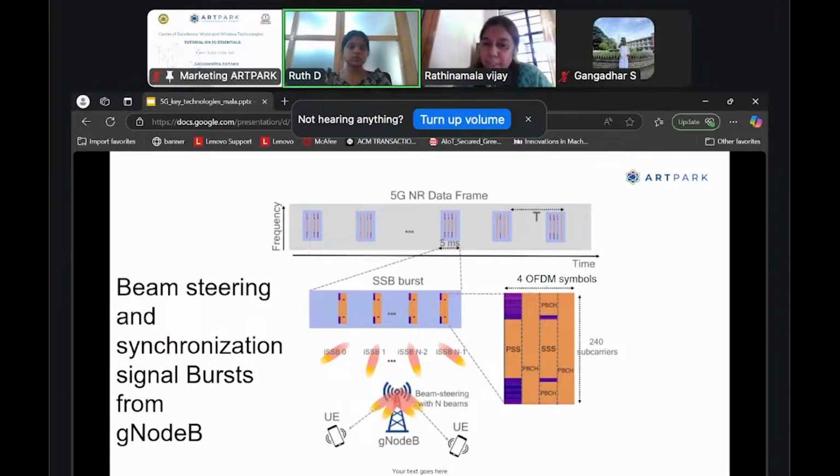As well, if you design your user equipment, you can also get all this information. You should have the logs of those SSB signals. Then you'll be able to know why that particular beam has not given a good signal quality and so on.